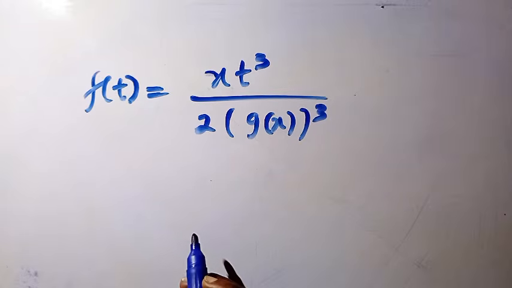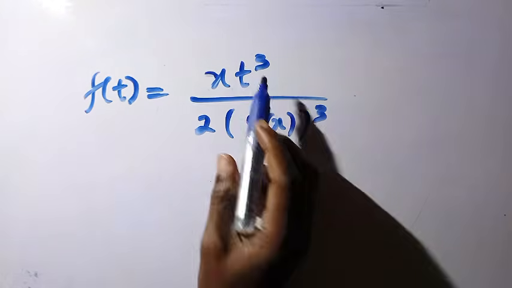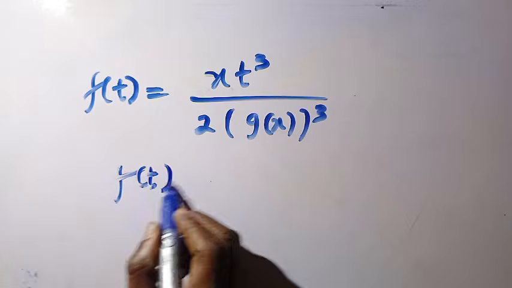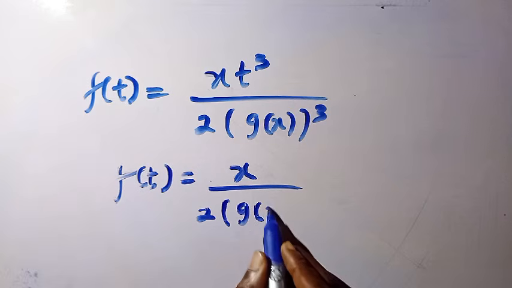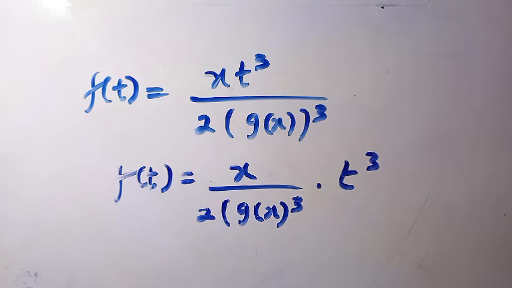But we can still rewrite this by separating t cubed, as f of t equals x divided by 2 into bracket of g of x raised to the power 3, multiplied by t cubed. And there's something we have to understand here.